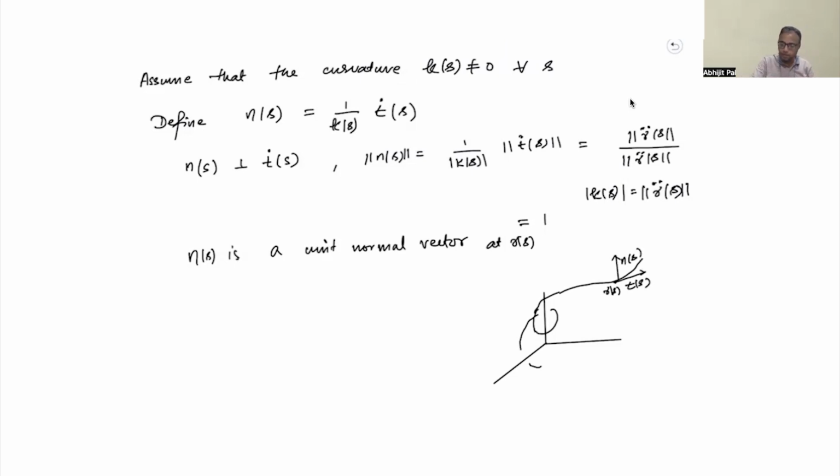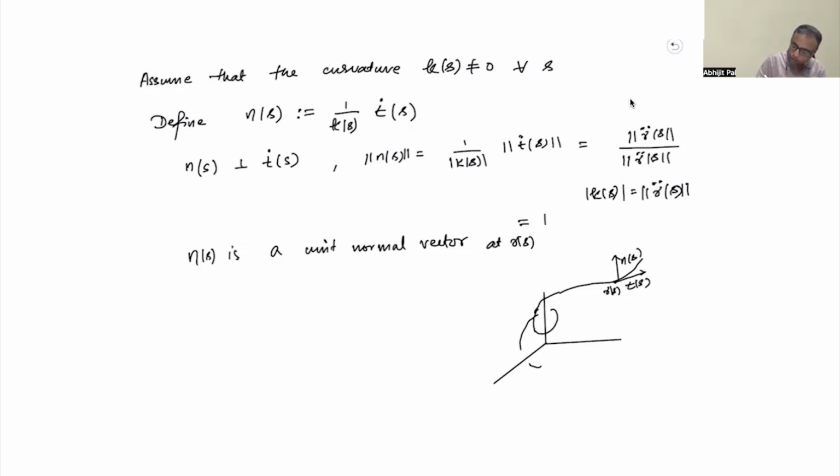This is my definition of N(s). Note that there are several unit vectors orthogonal to the tangent vector, but we particularly take N(s) equal to 1 by k(s) times T dot s. This is my definition of the unit normal vector.